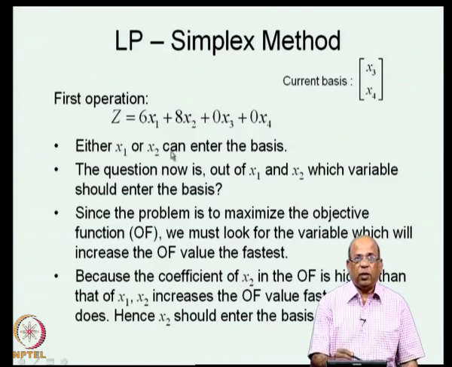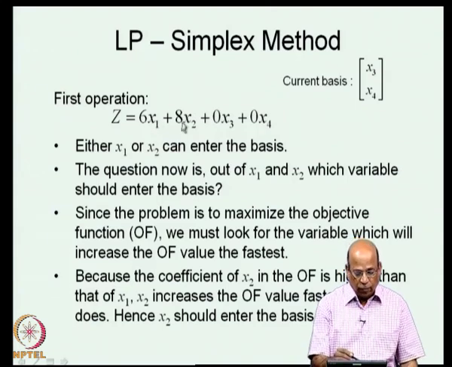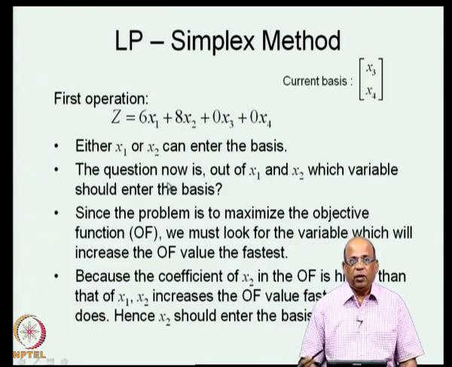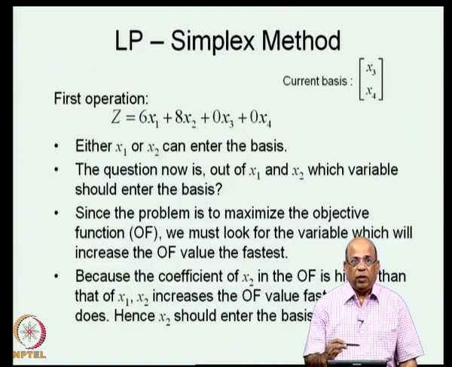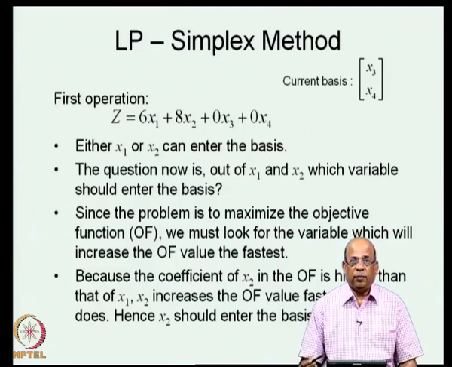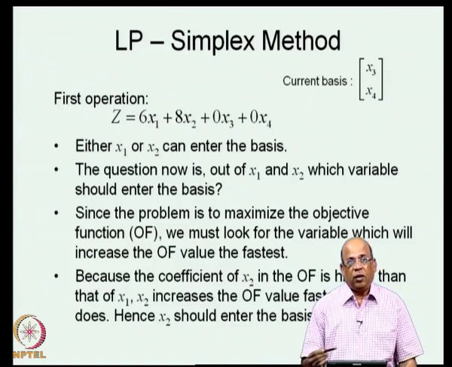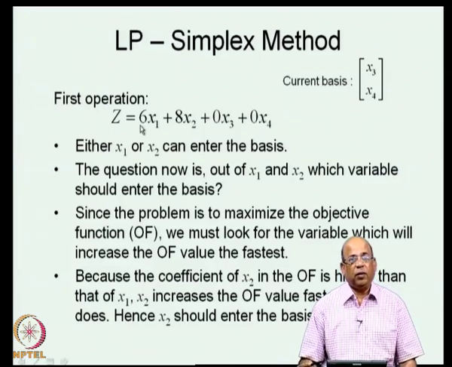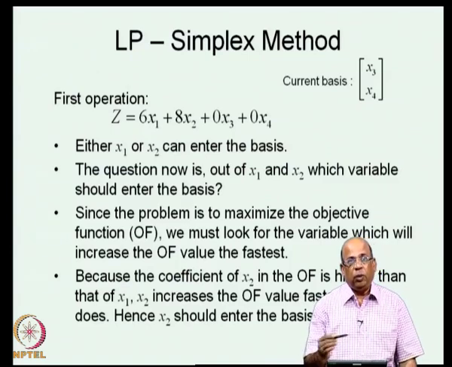If you bring in x1, then the rate at which z will increase is 6 times the value of x1, whereas if you bring in x2, the rate at which it will increase is 8 times the value of x2. Therefore, the rate at which z increases will be higher if you bring in x2 compared to x1, and therefore, you will bring in x2 here into the basis.